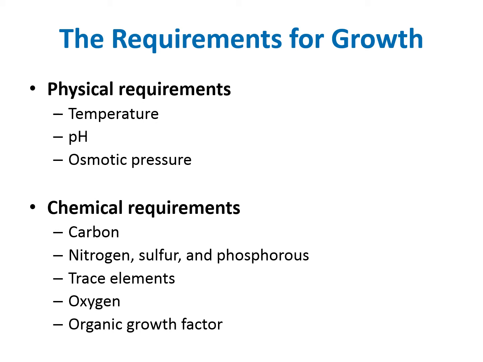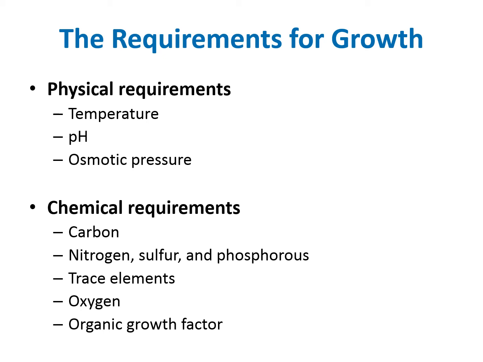In addition to these elements, you have trace elements that are important. Oxygen is important, and then of course there are organic growth factors, that is like vitamins, that are also involved in promoting the growth of microbes. So when we talk about chemical requirements, we're really talking about those elements that you find on the periodic table.